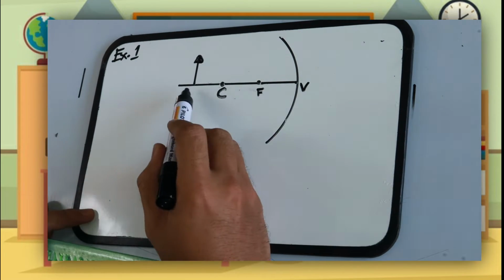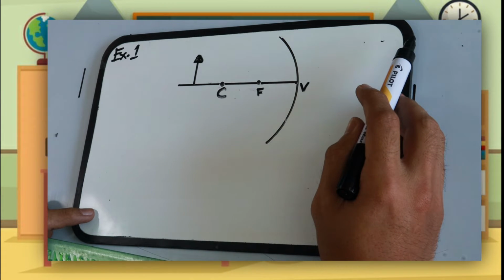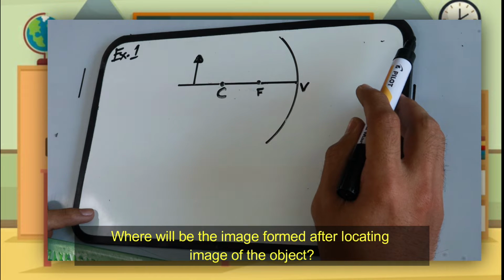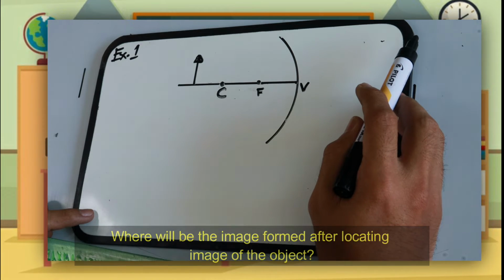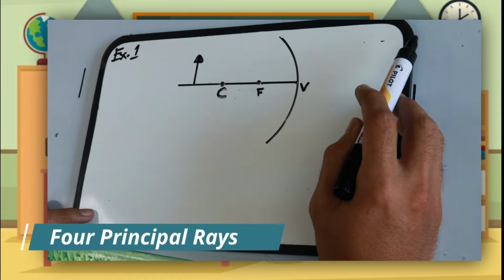This arrow indicates the object in front of the concave mirror. The problem is, where will the image be formed if we locate the image of this object? We are going to apply the four principal rays.